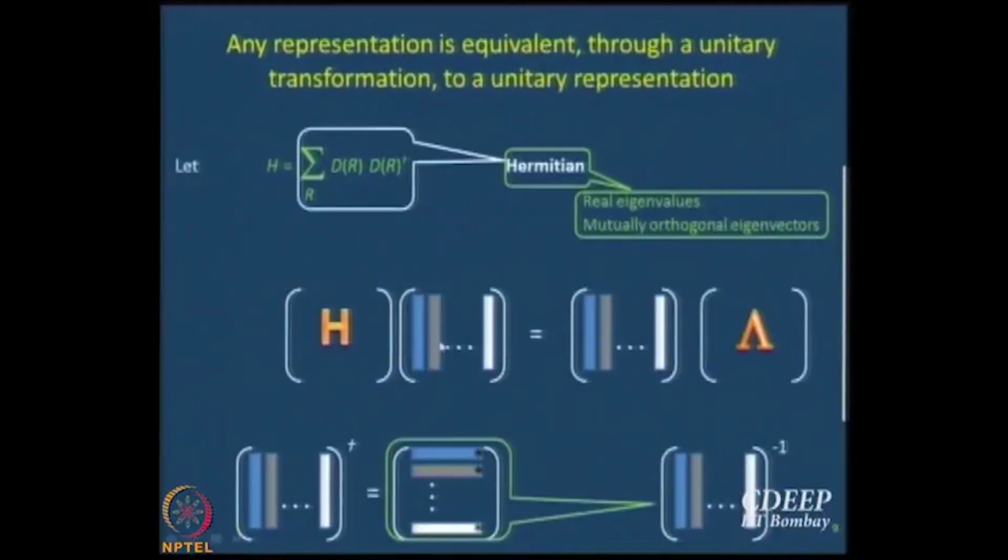Okay, let this be on the left, let this be on the right. So what is the 1 1 element? This one, what is this color? Blue. So this is blue row complex multiplied by blue column. What should it be? It should be 1. Don't say blue, it should be 1.